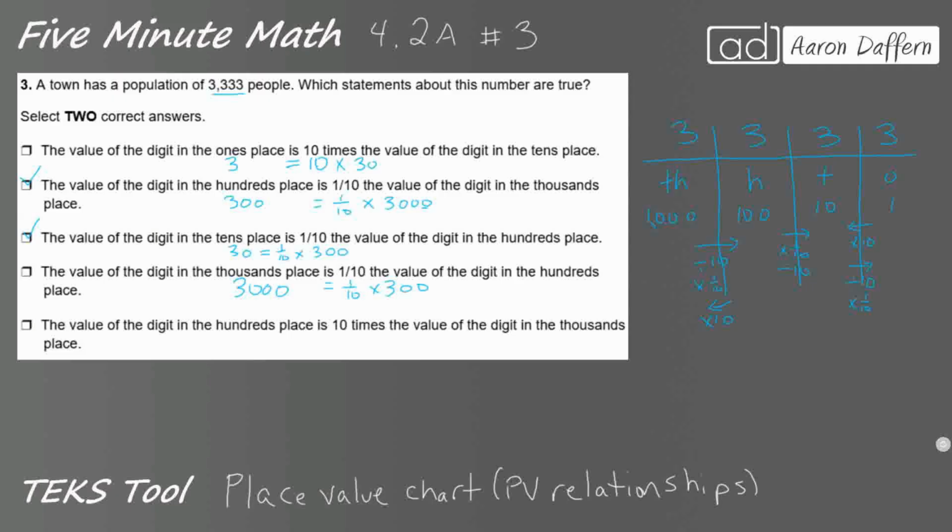If you were to flip those two, that could work. And then finally, the value of the digit in the hundreds place, 300, is 10 times the value of the digit in the thousands place, 3,000. And that's not going to work. Remember, when we're going from our thousands down to our hundreds, we go to the right, and we'd have 1/10.